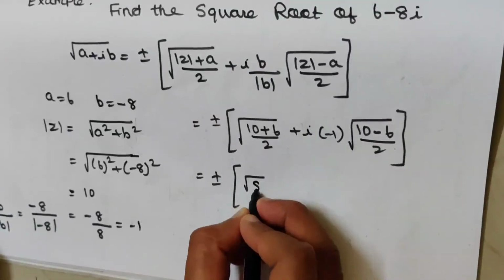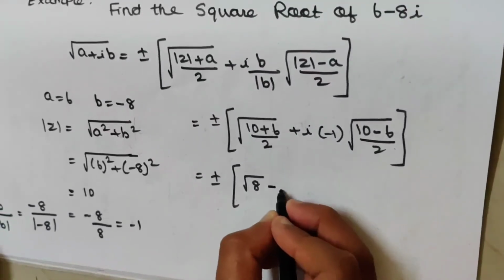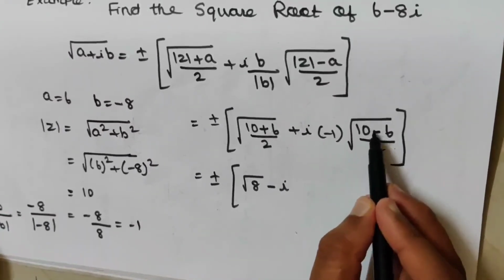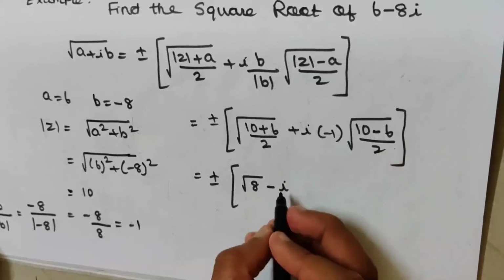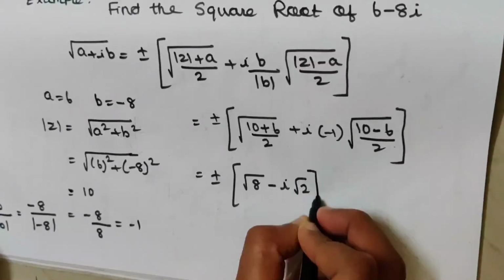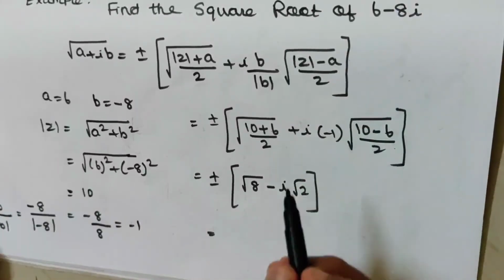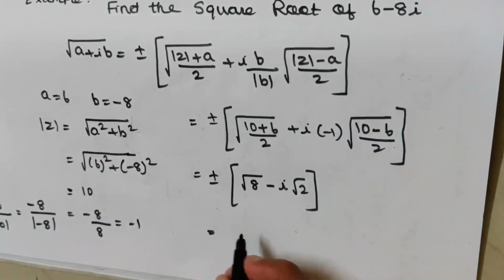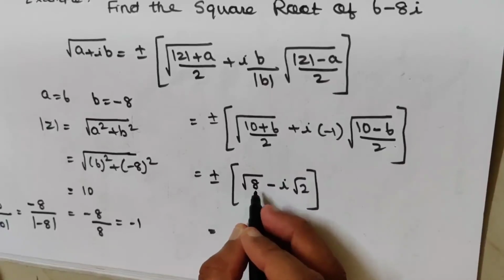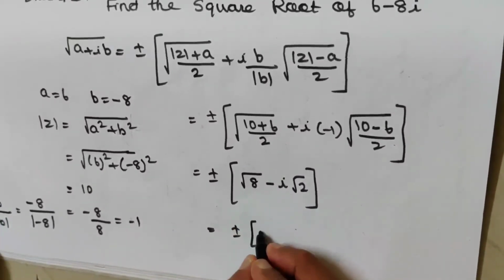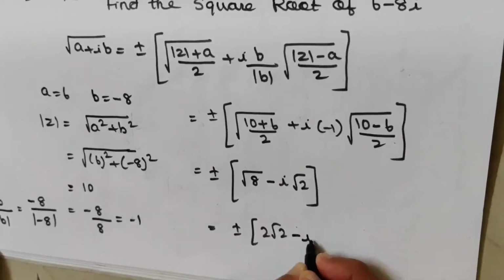So root of 8. So plus into minus is minus i. Root of 10 minus 6 is 4, 4 by 2 is 2, that is root of 2. So this is the square root of this complex number, and this can be simplified. So plus or minus, this root 8 can be written as 2 root 2 minus i root 2.